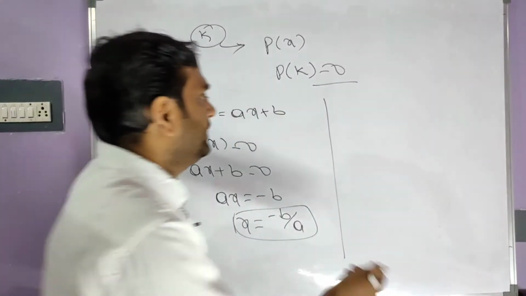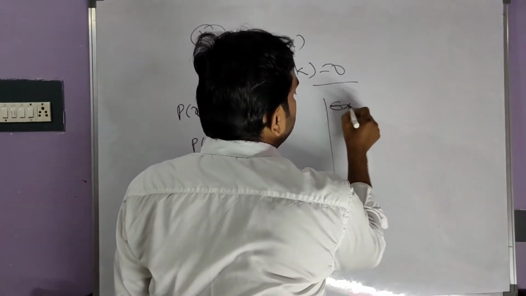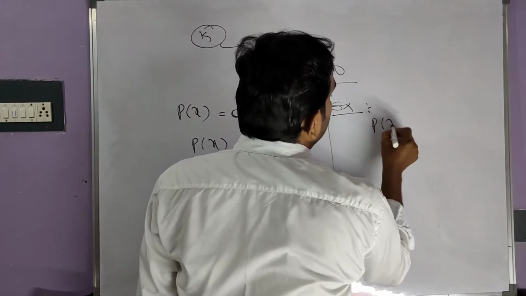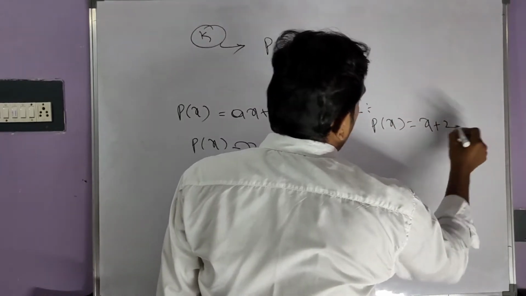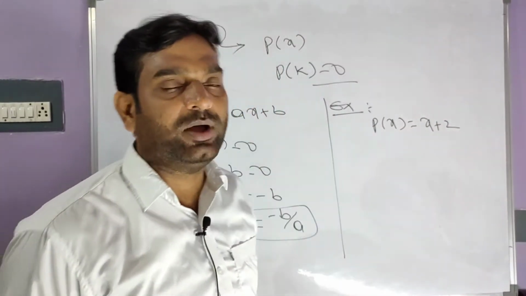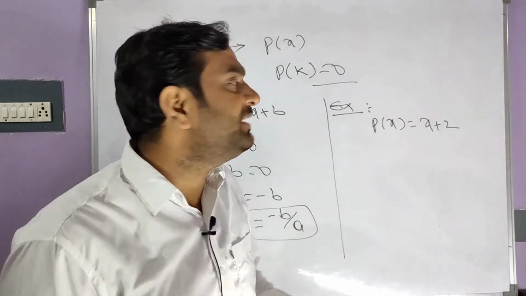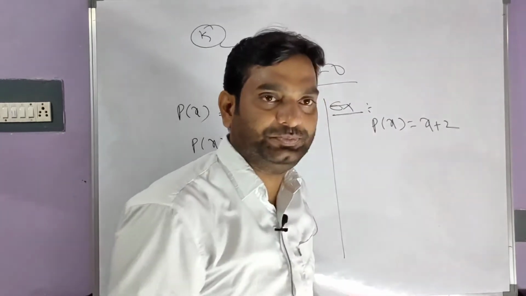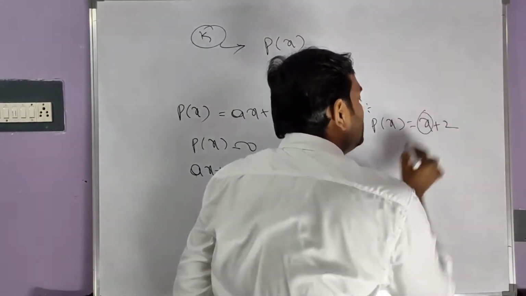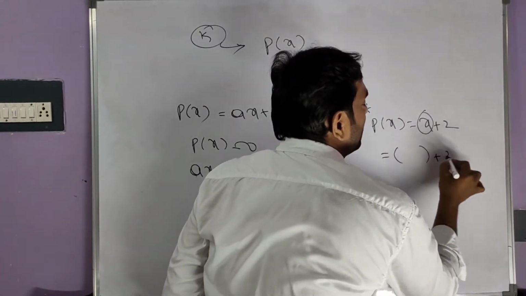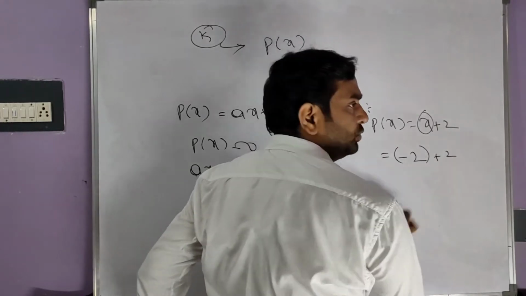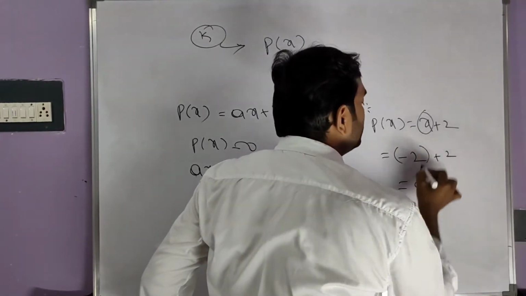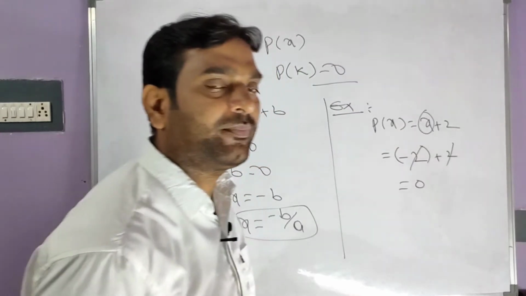Okay, let's take some examples. If you are given p of x equal to x plus 2, find the zero of the given polynomial. Here the condition is for what value of x this polynomial is 0. If you write minus 2, then minus 2 plus 2 both get cancelled, then 0.